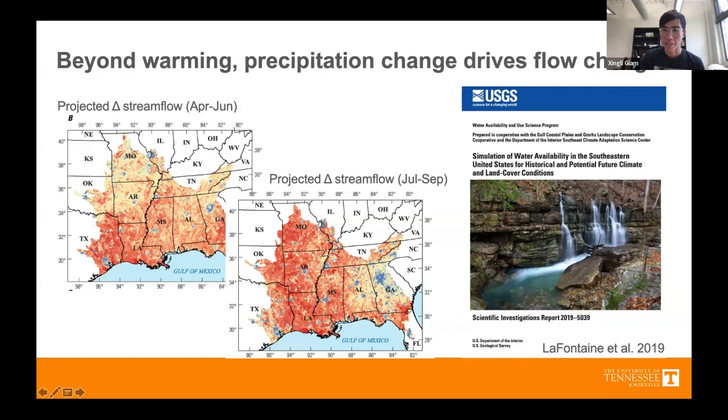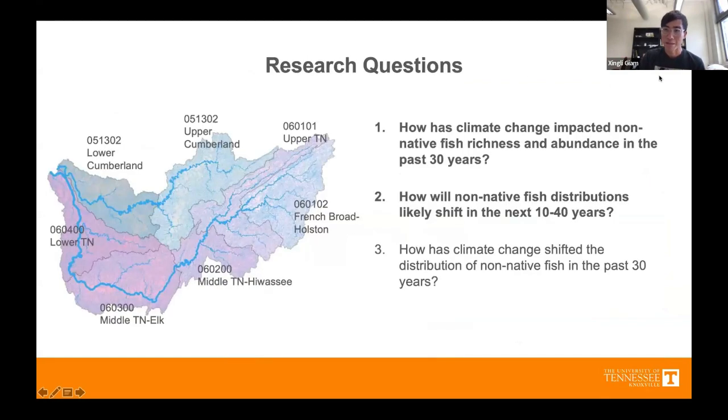So I was really intrigued by the product they were putting out. With this product, we could better understand how flow, in addition to climate warming, might affect fish.